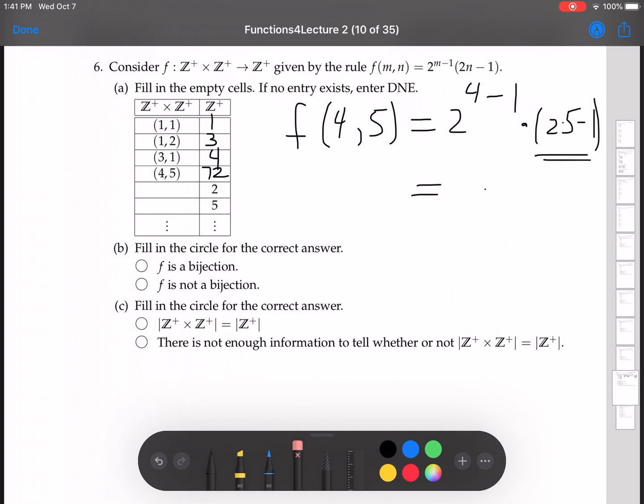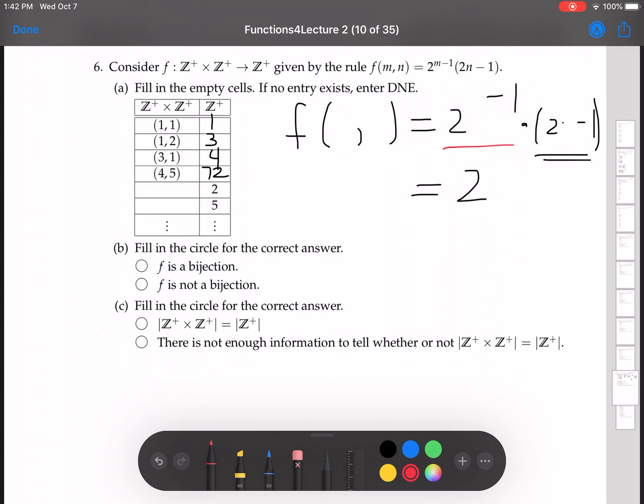All right, so when do we get 2 out? We'll work backwards. We want to get a 2 out, so what do we have to put in to get a 2 out? Now remember this is the power of 2.